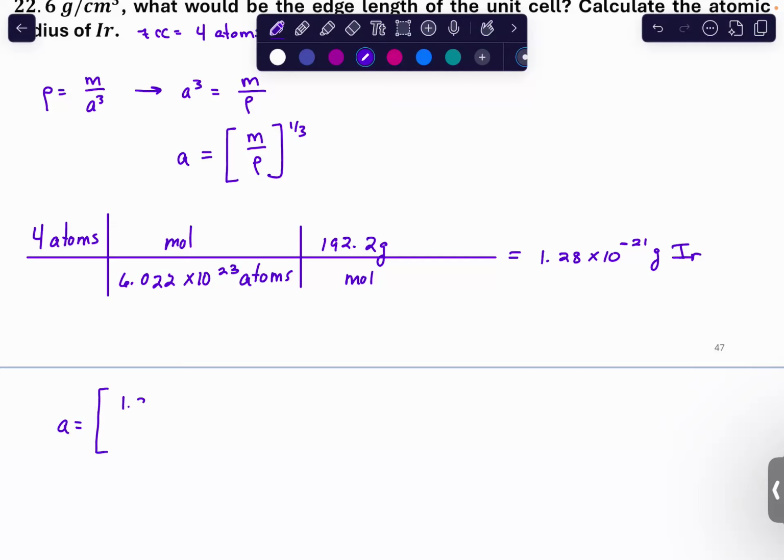Our mass, 1.28 times 10 to the negative 21st grams over 2.6 grams per cubic centimeter. Cube root. That'll give us 3.84 times 10 to the negative 8th centimeters. So now we know the length of the side of the unit cell.